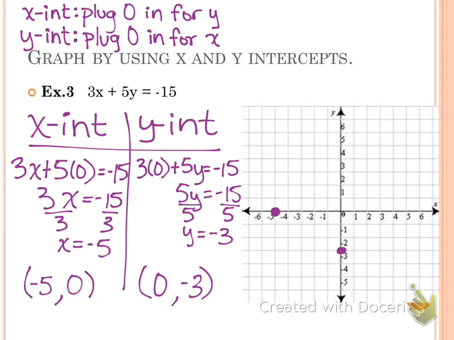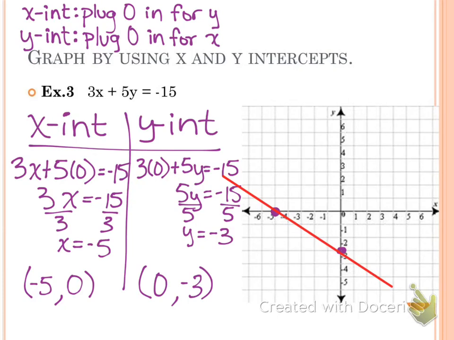And then we make a line through those points. We don't just graph the points and leave them. We actually need a line that goes through them. This is not great. We should have a straight line. First one was better.